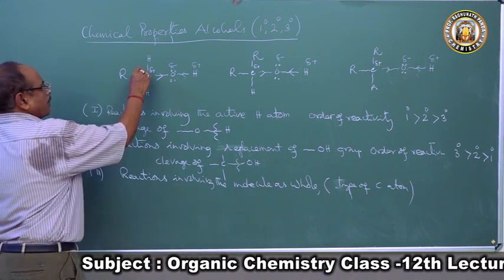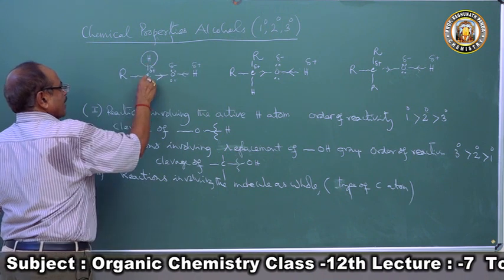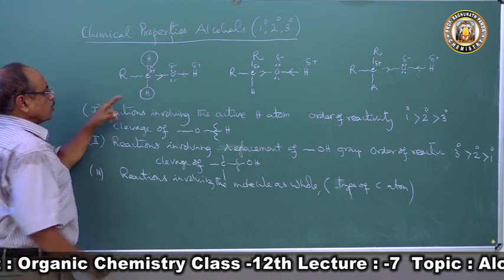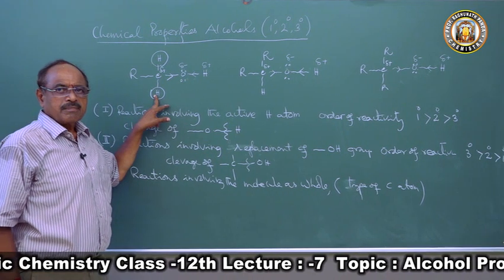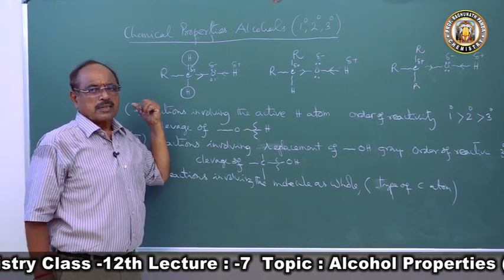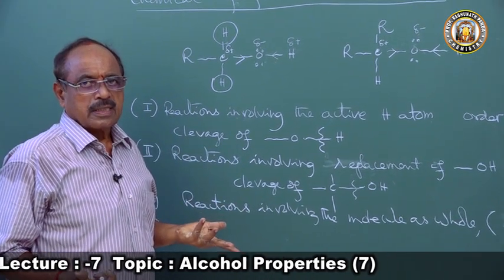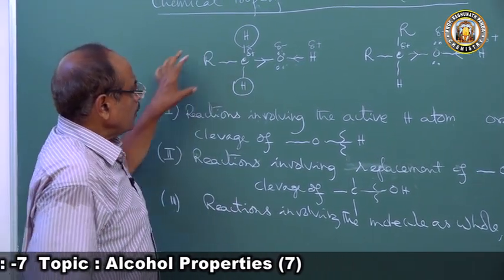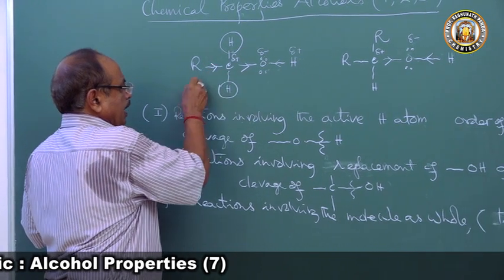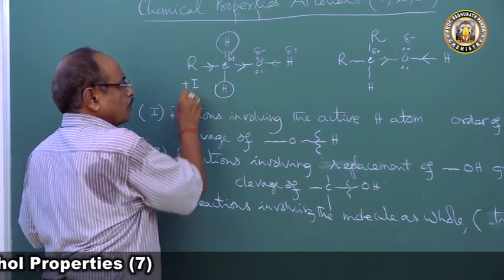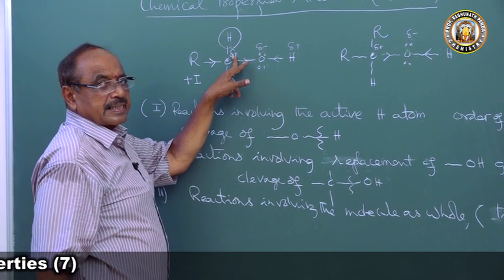Now in the case of primary alcohol there are 2 active hydrogen atoms. These 2 reactive hydrogen atoms will undergo oxidation very easily because they are susceptible to oxidation. And there is only one alkyl group. There is a +I effect because of this alkyl group, so the positive charge density decreases.